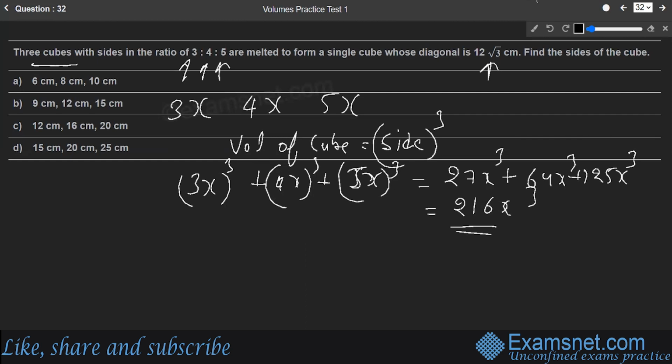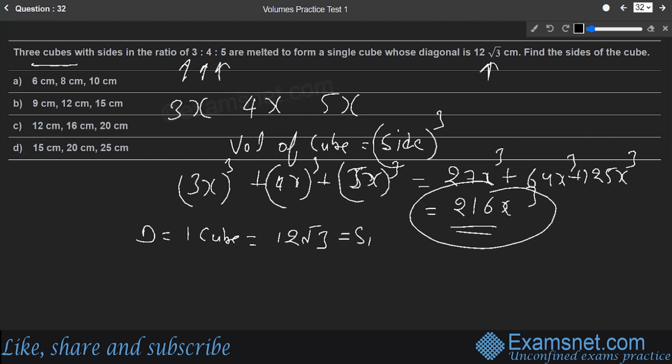This is the ultimate volume of the single cube that is to be formed. Now the diagonal of the single cube is given as 12 root 3, but the diagonal of a cube is given by side root 3. So clearly, if we compare these two things, the side of this single cube comes out to be simply 12 centimeter.